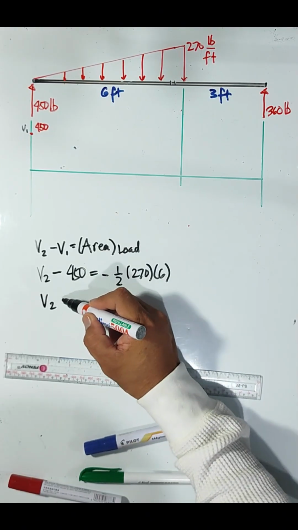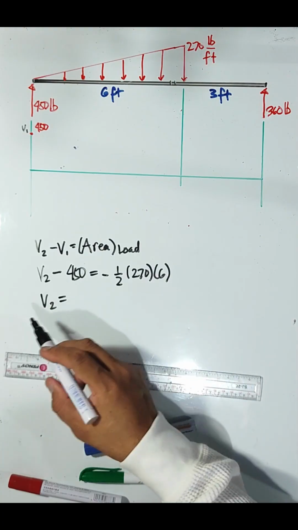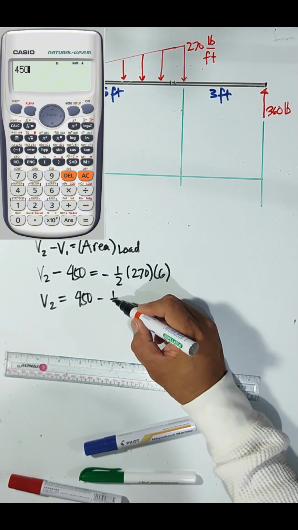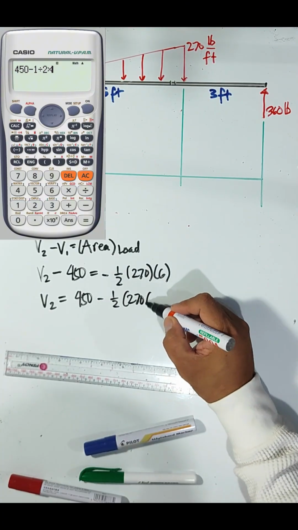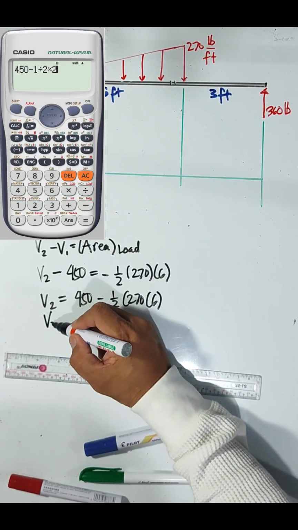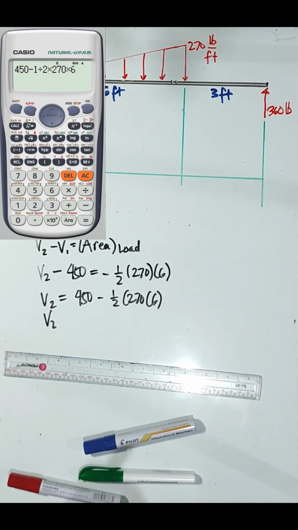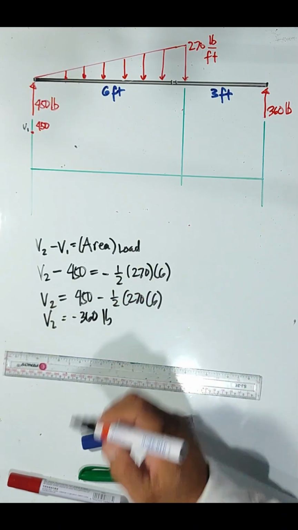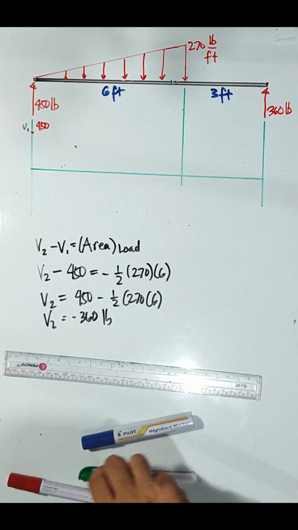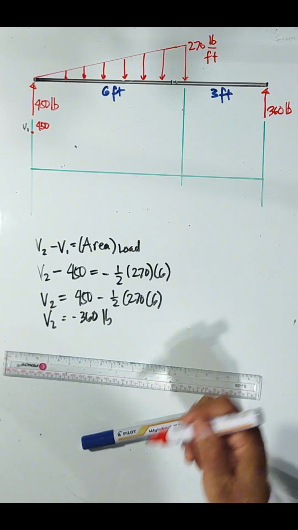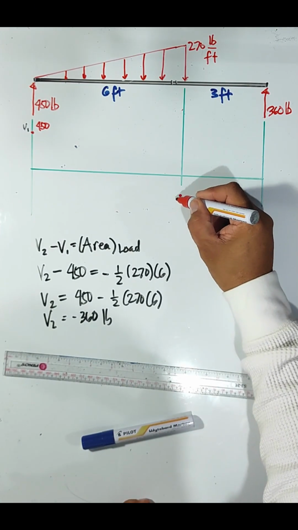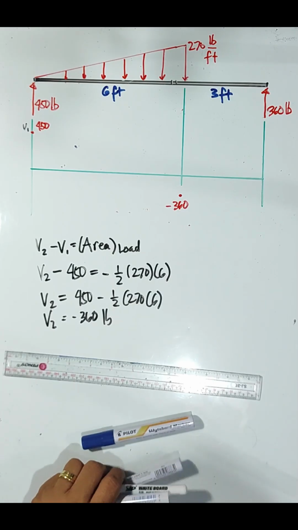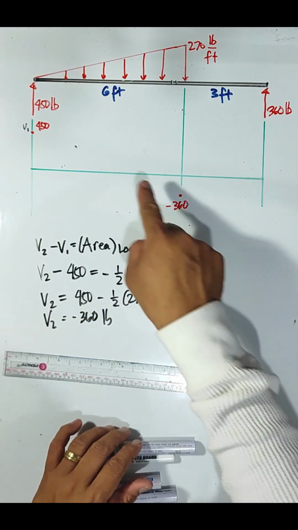So V sub 2, adding 450 on both sides of the equation, will be 1/2 of 270 times 6 equals negative 360 pounds. So it's about here, negative 360 pounds.